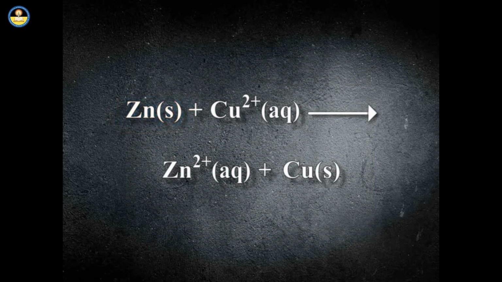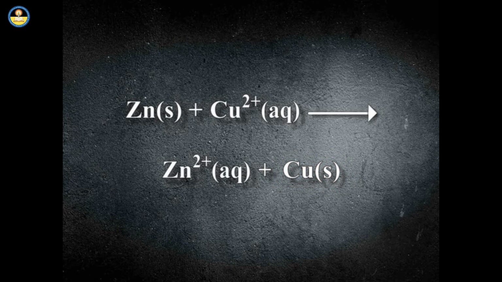When zinc metal is added to a solution of cupric ions, Cu²⁺, it dissolves to form Zn²⁺ ion and the copper metal gets precipitated.